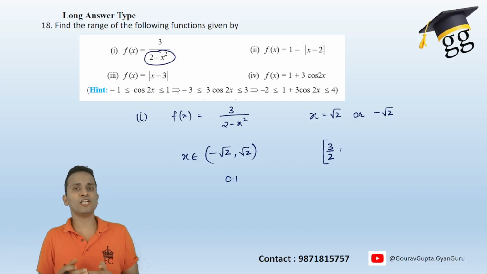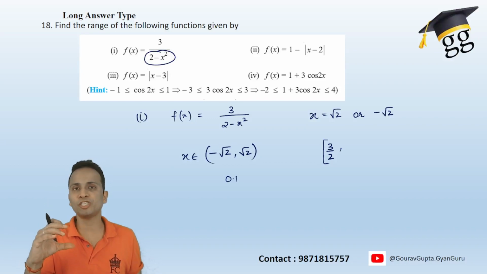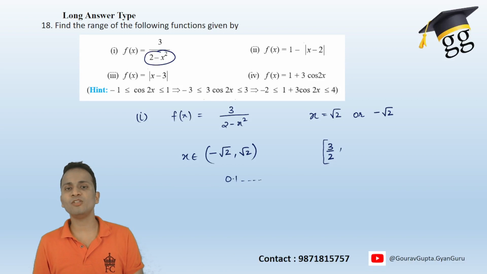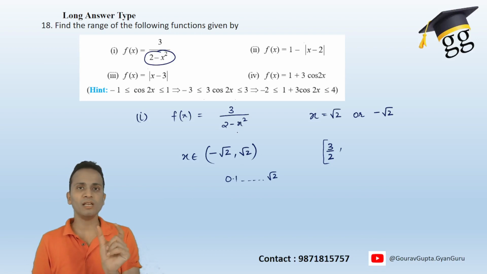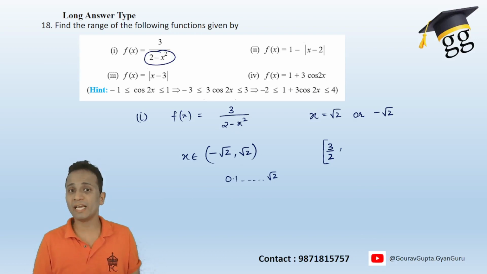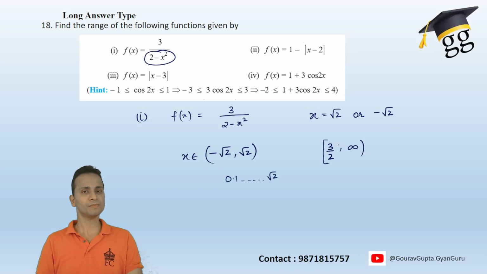If I keep on increasing the value of x up till root 2, the value in the denominator will go near to 0, and hence the value of this expression will keep on increasing and it can go up till infinity.